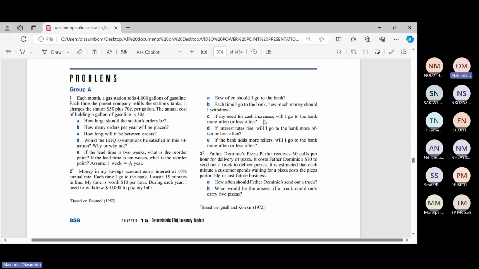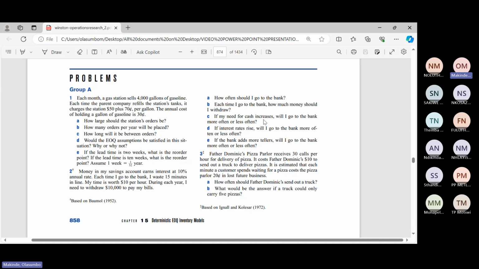because they're saying if my need for cash increases, that means you need to increase your K, because that means now you need to go to the bank, which is talking about you going there to order. So you can change your K from 2.5 and run an experiment. If you make your K now $5 or maybe $4, any value higher than the current K, go and calculate your number of orders when K was 2.5 based on the initial question, and when K was maybe 5, when you have increased it.